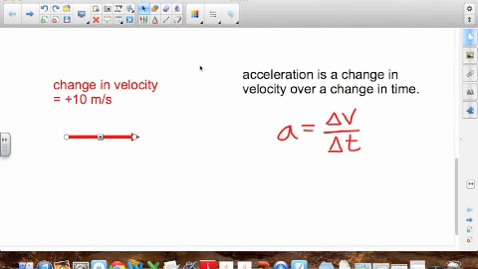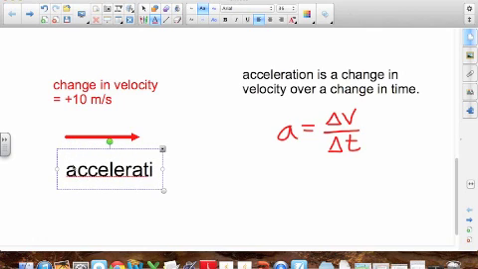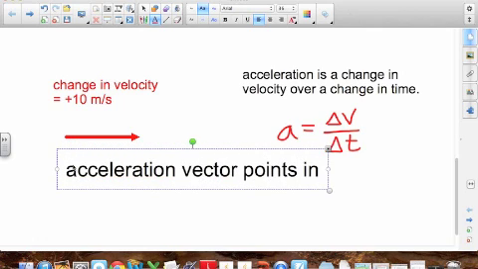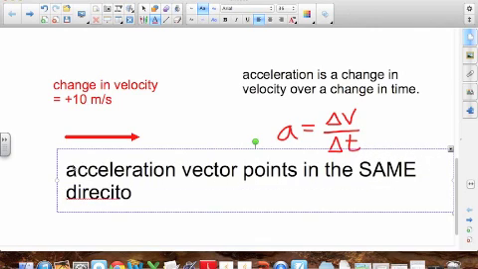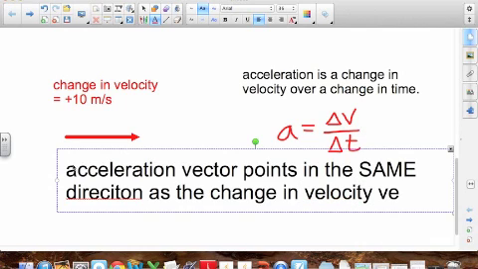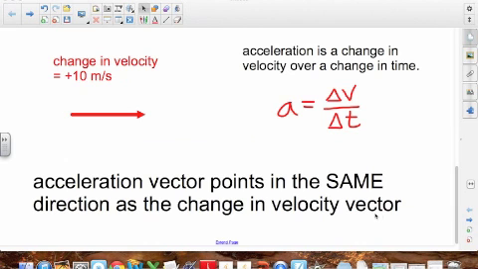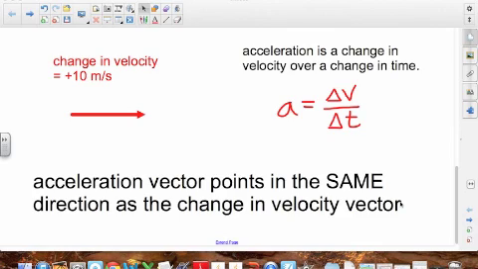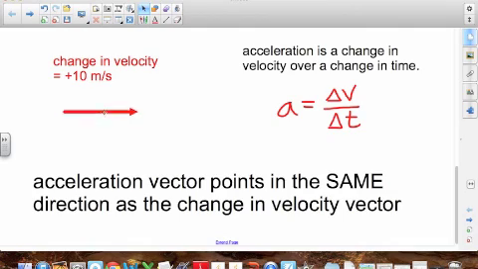And in fact, the acceleration vector points in the same direction as the change in velocity vector. Now, we can't quite say that the acceleration vector is the same thing as this change in velocity vector because the acceleration vector is divided by the change in time.